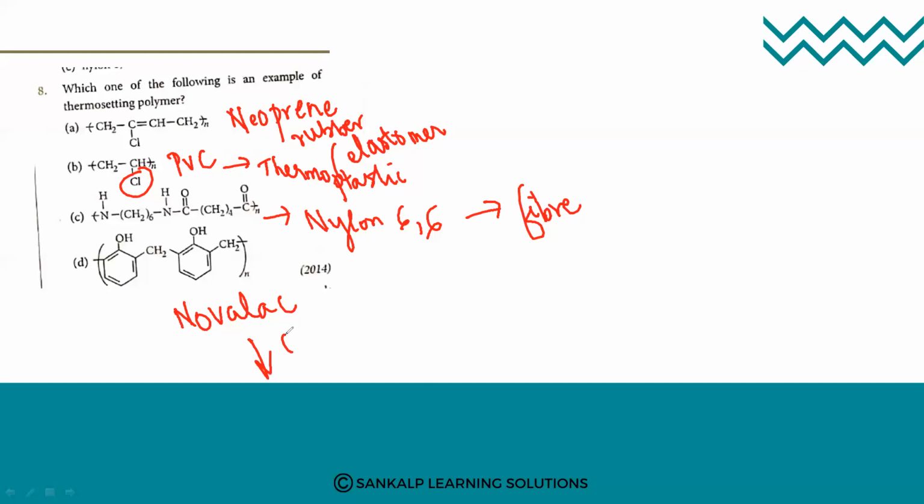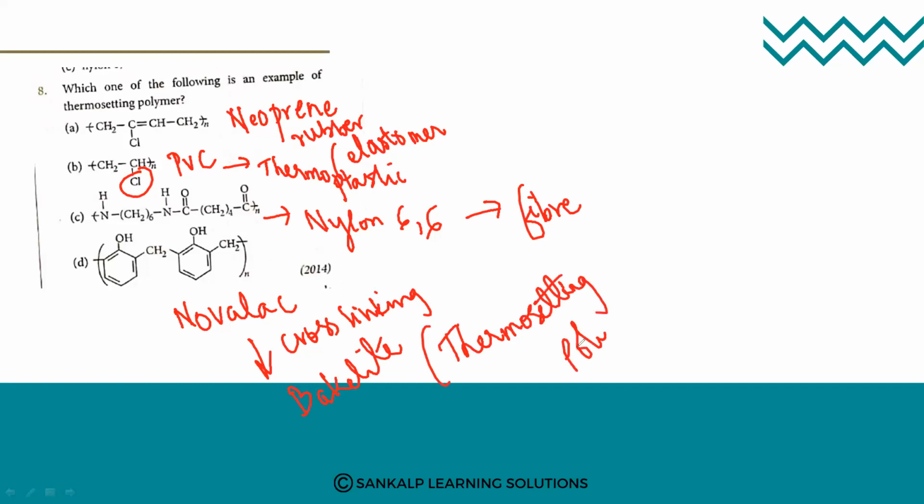Further, it undergoes cross-linking to produce bakelite. This is an example of a thermosetting polymer. I hope this is clear. So option number D is an example of a thermosetting polymer. Okay, so we'll go for the next one.